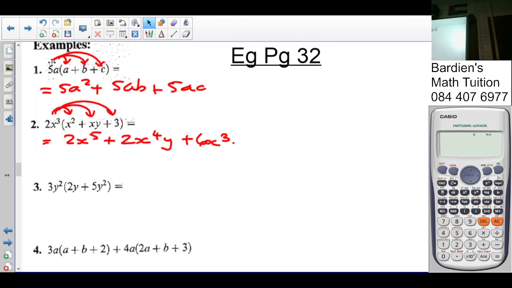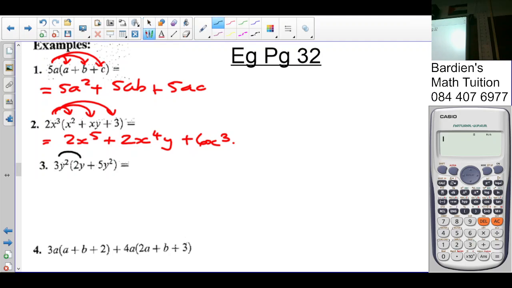Right, who's next? Isra? Right, you got the chance? Do it, I'm waiting for you. Yes? Right, what's the answer? 6y to the power 3 is correct.